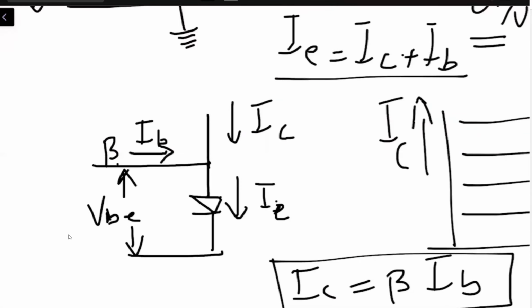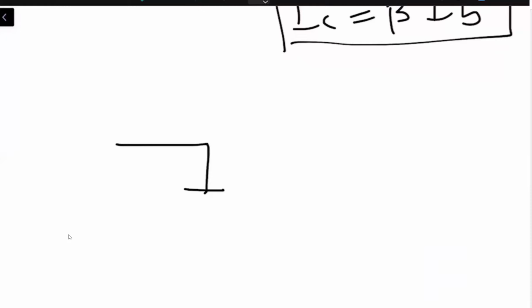This is the diode, the current flowing in the diode is IE, the current flowing in the base is IB, and the current flowing in the collector is beta times IB.